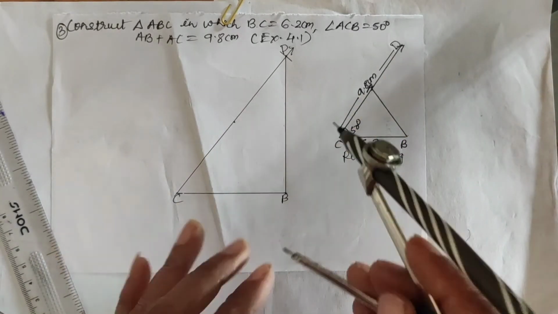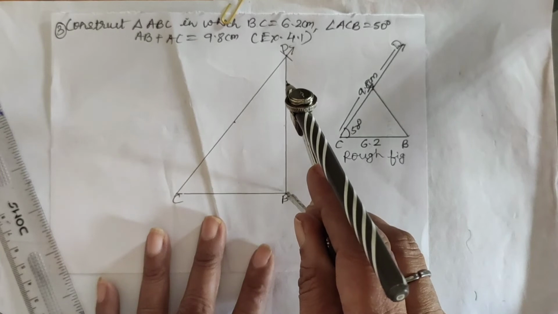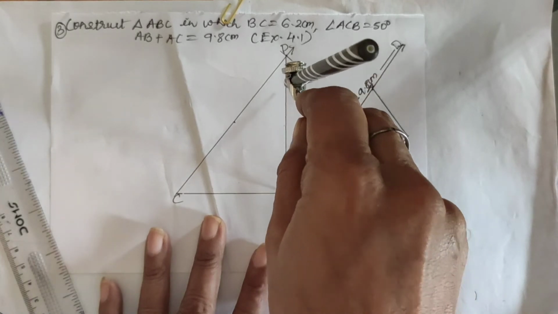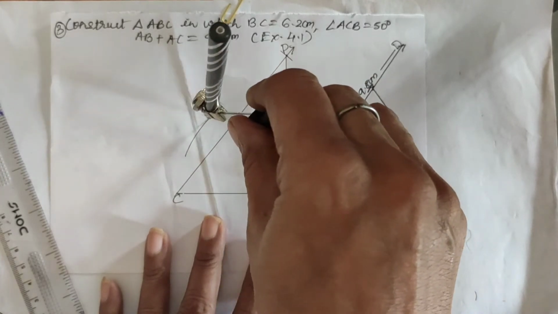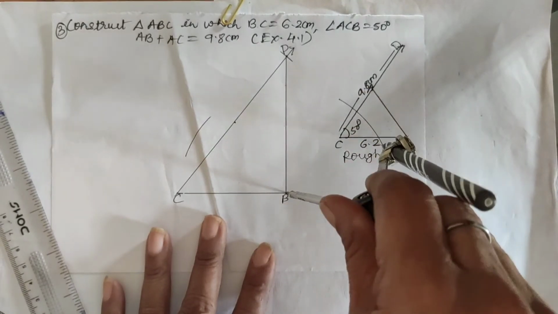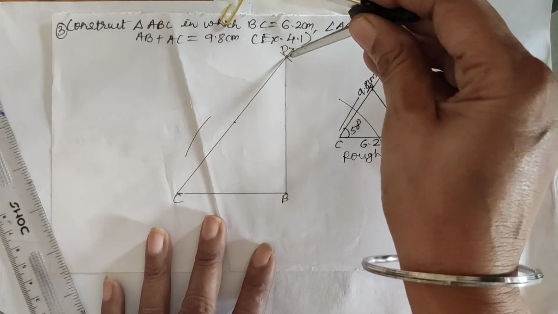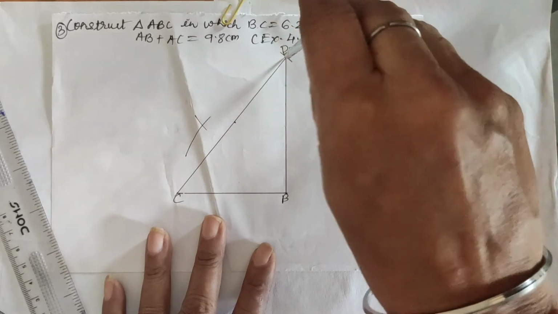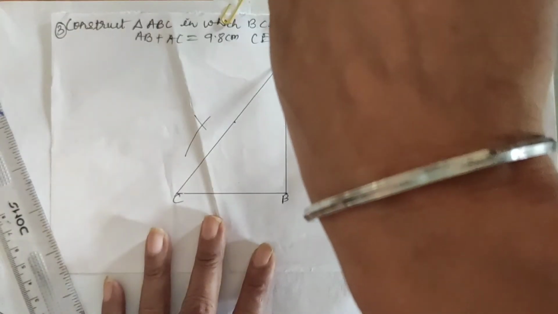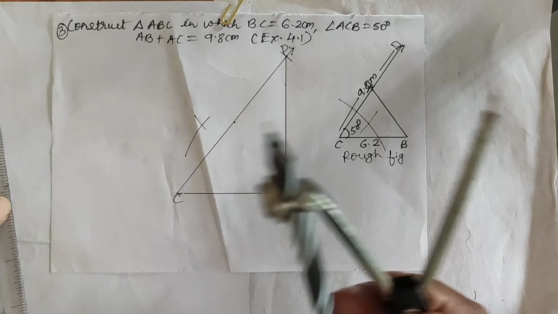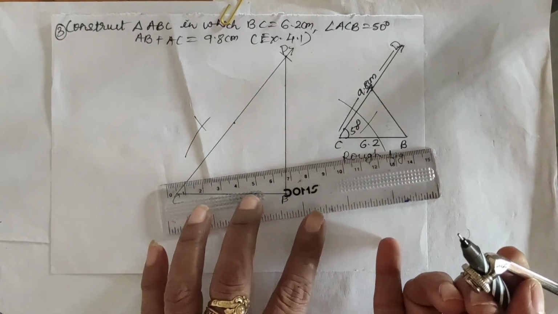So you know what the perpendicular bisector is or how we draw the perpendicular bisector. Take 3/4 of this and draw an arc like this on either side of this BD. You will get such type of point of intersection and draw the line passing through this point of intersection.